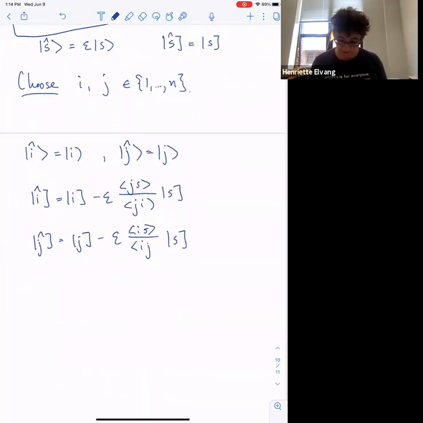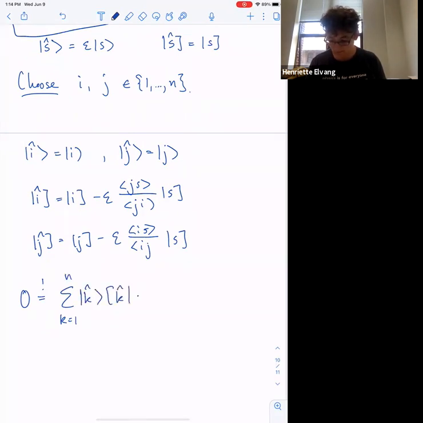And then what I wanted was that the sum over all k equals 1 through n of these shifted momenta plus that of the S, I want this to be 0 for all epsilon. And that's what I can achieve by having deformed the I's and the J's.